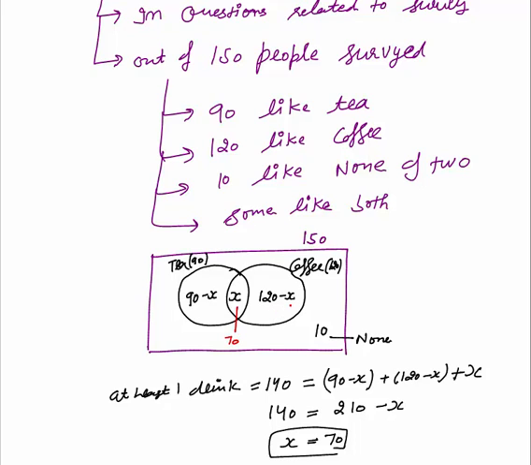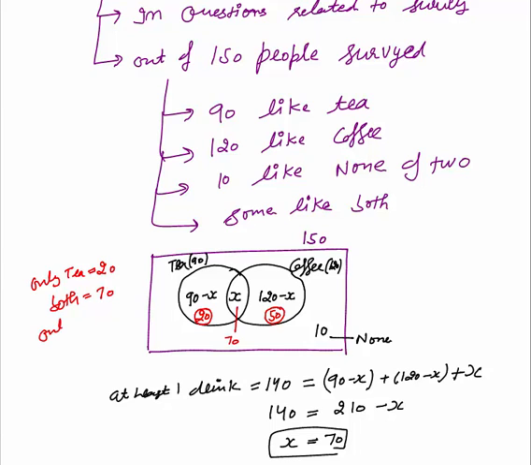So this will be 120 minus 70, this value will be 50, putting x equals 70, and this value will be 90 minus 70, 20. So 20 means only tea, and for both the drinks, there are 70 persons.